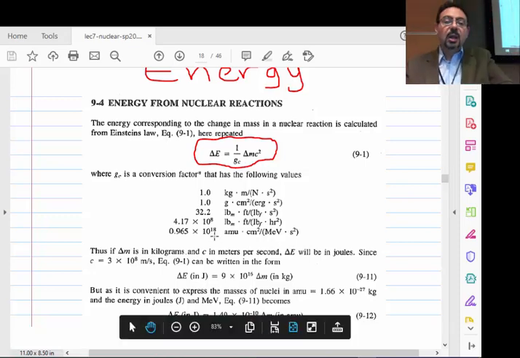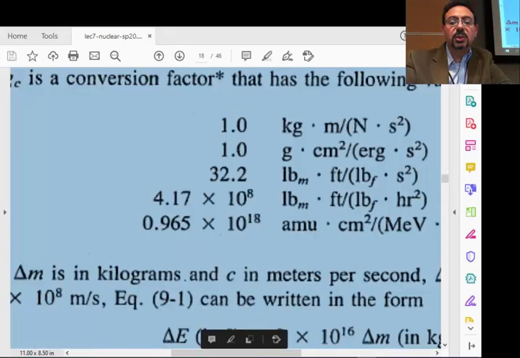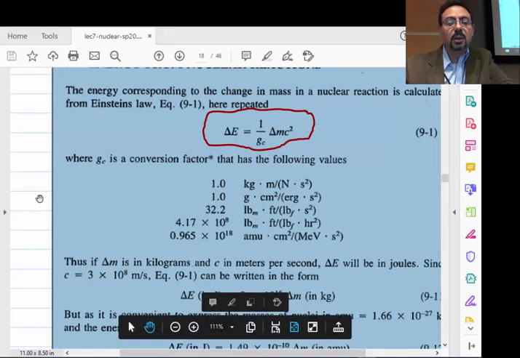So in order to use this in atomic mass unit and get this thing in mega electron volt, the conversion factor is basically this. You'll find out that this guy is probably the most useful one for you.